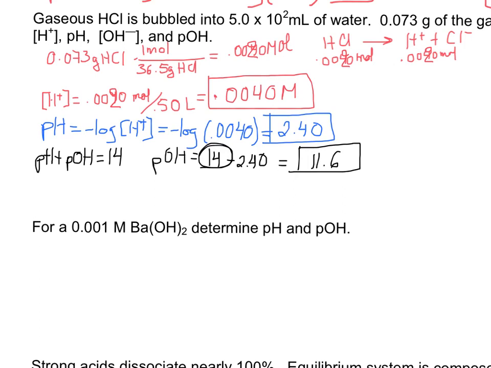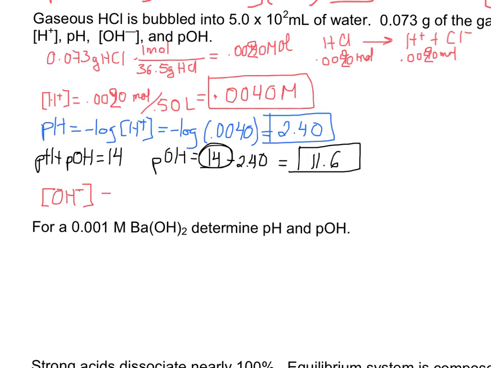All right, last bit here is the OH- concentration. You can do it in 2 ways. You can say the H+ times the OH- concentrations are equal to 1.0 times 10 to the negative 14. Solve it that way. Or you can say that pOH is equal to negative log of the OH- concentration.